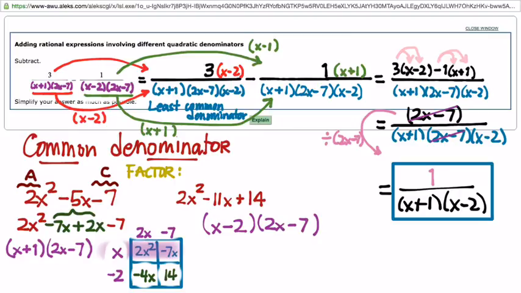And we leveraged that fact here, because it allowed us to choose a least common denominator that didn't include all the factors of the first and second repeated as many times as possible, but included them a minimum number of times possible. So the 2x minus 7 only appeared once in those denominators, which made our process of rebalancing the numerators a little bit cleaner. And it also made it easier for us at the end to spot that our numerator, 2x minus 7, had a factor of 2x minus 7 that we can cancel to get our completely simplified final answer.